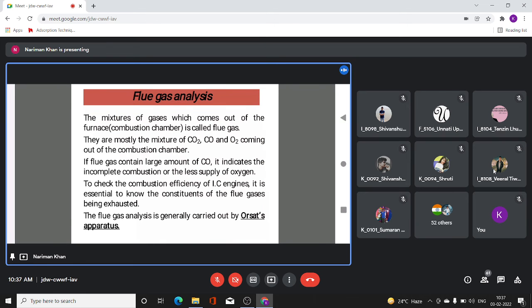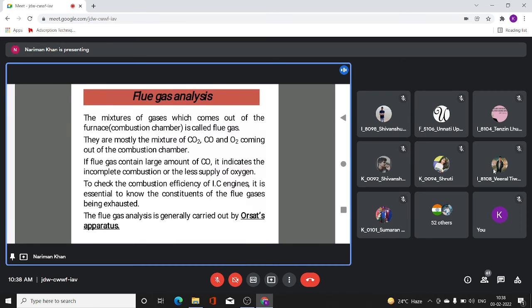That mixture of gas contains carbon dioxide, carbon monoxide, oxygen, plus some amount of nitrogen. That mixture of gas which comes out from the furnace is called flue gas.